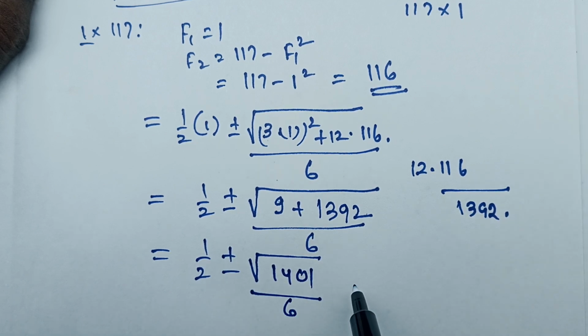Here 1401 is not a perfect square root. So this is cancelled.